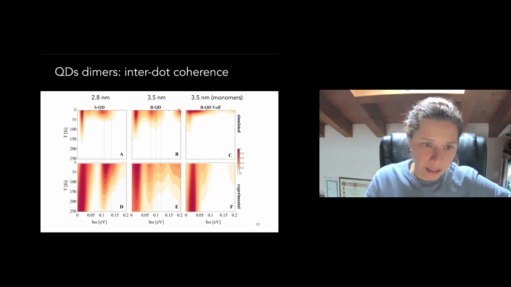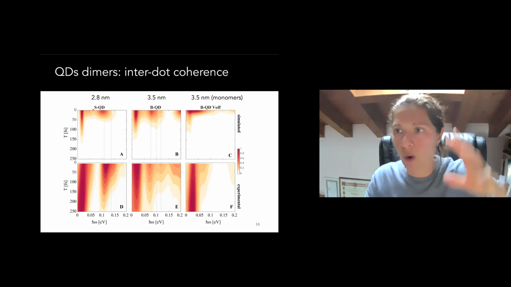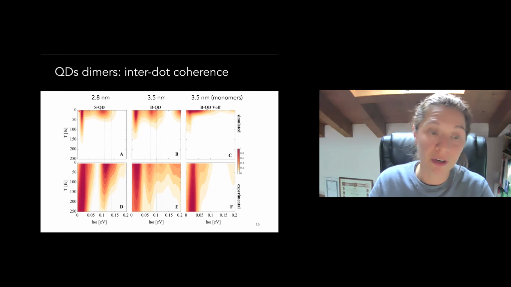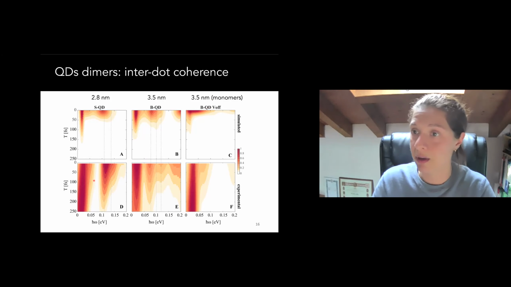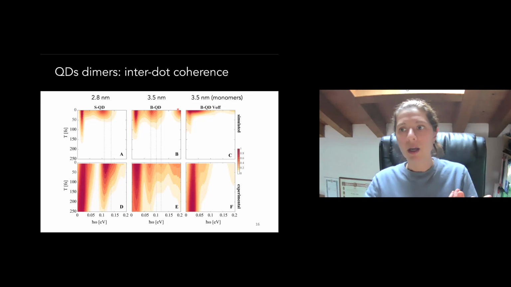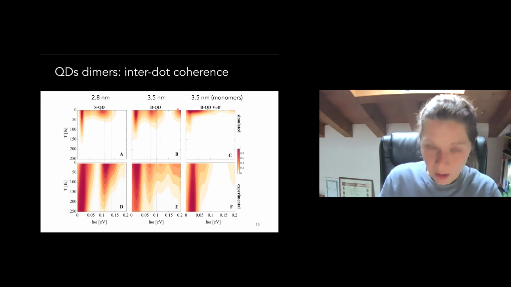The plot I'm showing here has this famous bilinear transform, where in this case the X and Y axes are inverted. And so basically you see the frequency of the oscillation here and their time behavior. We could really see that when we have a dimer, there are coherent features that are not present when there are only monomers. So we can really ascribe the coherent behavior to inter-dot phenomena.